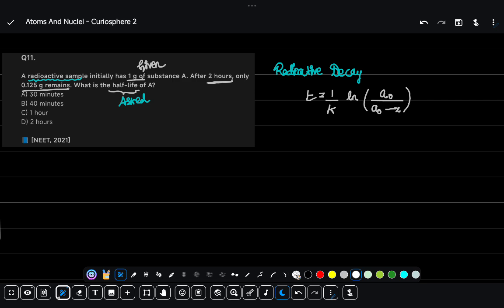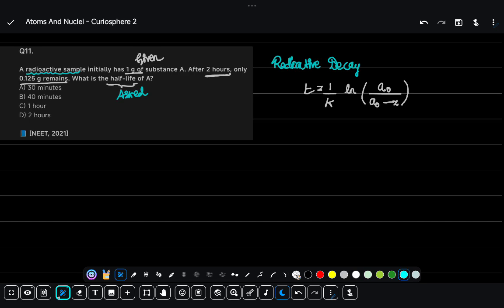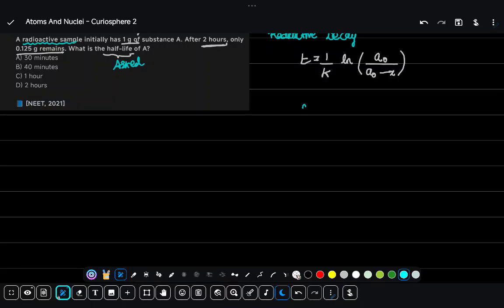Here they have given the time, it is 2 hours, right? Wait 1 minute. Time is given as 2 hours, right? And the rate constant we have to find out.